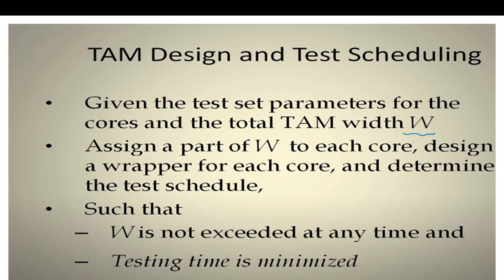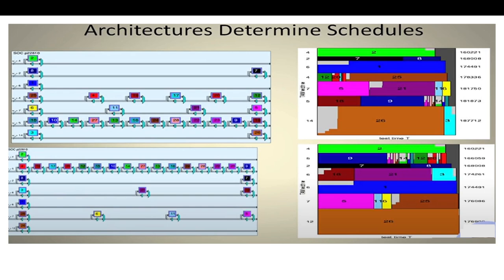So first is the TAM and then the core test scheduling. What we require is that the W which we are allotting to each core should not exceed the given W, and the test time should be minimum. So consider this architecture.